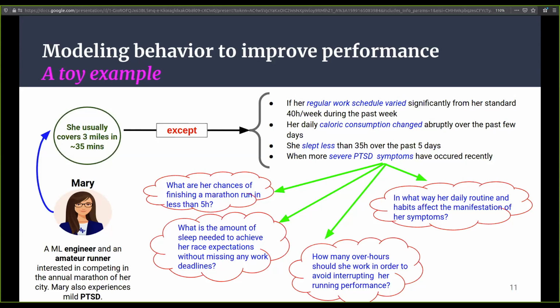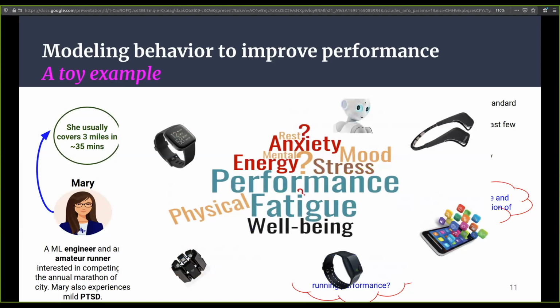How we try to do that is by exploiting devices that we use anyways in our daily living, that provide us with fine-grained, measurable signals, and using those devices trying to ground more abstract meanings and conditions like anxiety or stress or mood or performance that are hard to fine-grain by themselves.